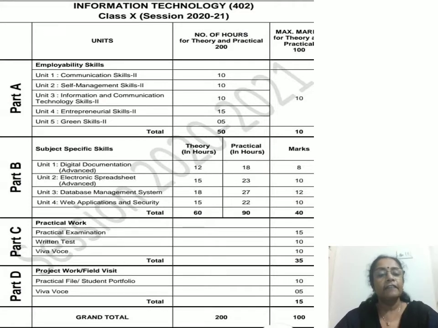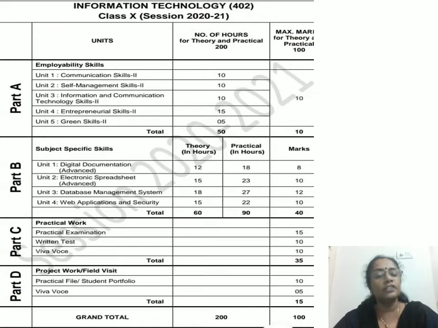Basically we have a 100-mark exam for IT, out of which 50 marks is practicals and 50 marks would be a written board paper which you would be writing with all the other subjects. Out of the 50 marks, 10 marks is for a unit called employability skills.